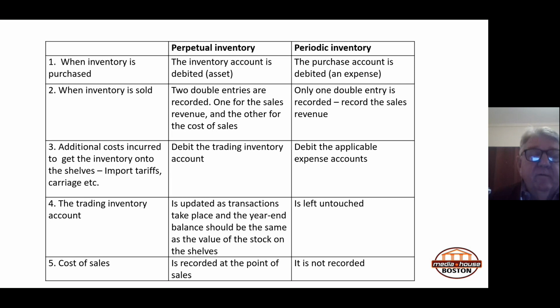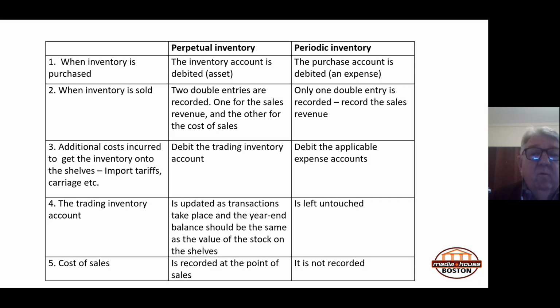So if we have stock that we're selling for 100 Rand, we're first going to credit sales for 100 Rand and debit our bank for 100 Rand. But that stock that we sold for 100 Rand, let's say it costs 60 Rand. So I must remove 60 Rand stock from my inventory accounts, and I'm going to put it as an expense, which we call cost of sales.